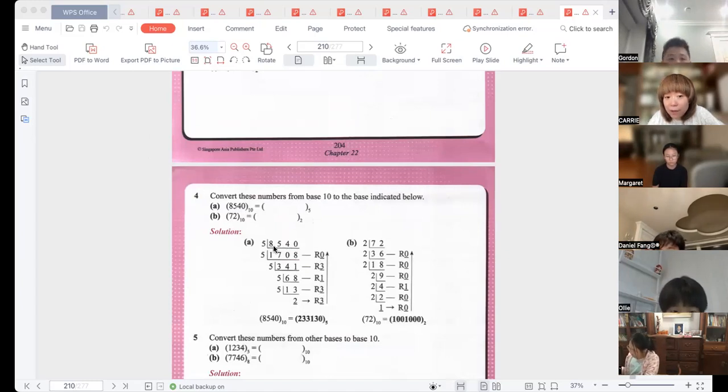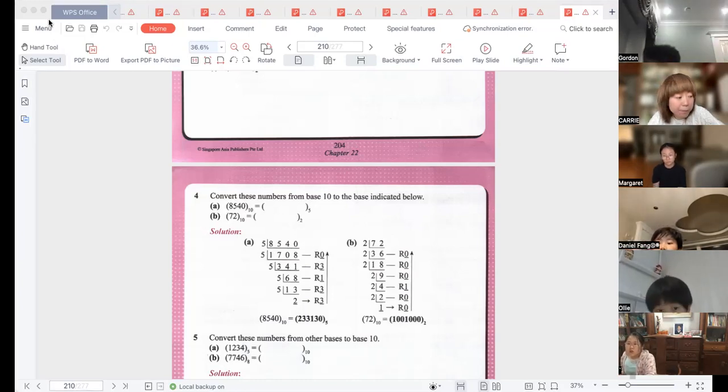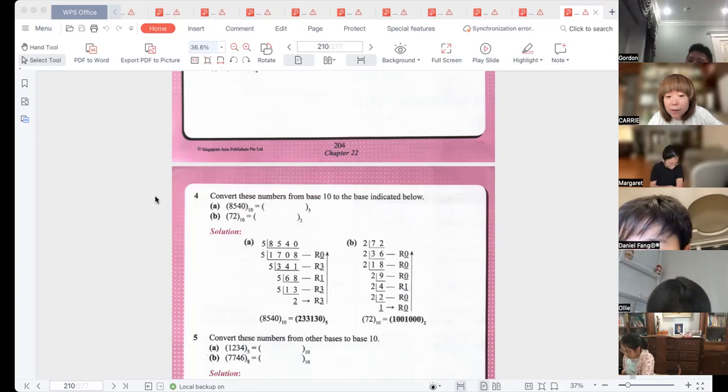Okay, so 8,540 divided by 5 equals 1,708 and the remainder is 0. And 1,708 remainder is 3. Get it, everybody?